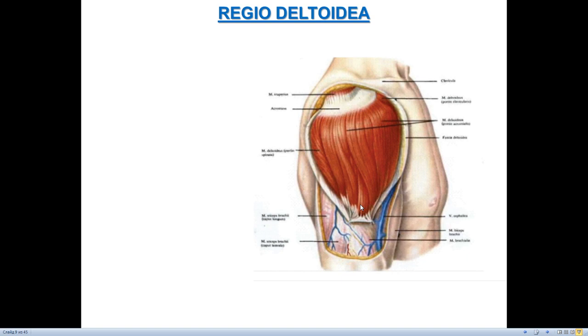The dominant vessel of this region is the posterior artery, which surrounds the humerus: arteria circumflexa humeri posterior, a branch from the axillary artery.